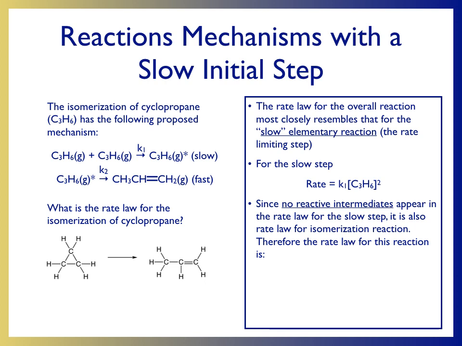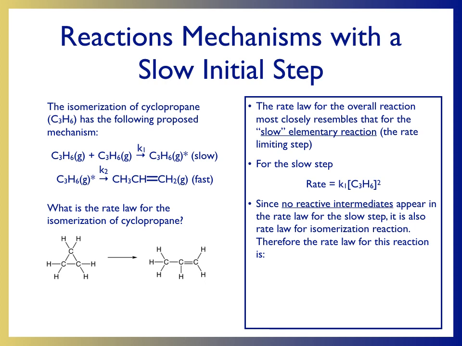If we look at this rate law, we notice that no reactive intermediates appear in the rate law, just reactants. This is good because we can actually manipulate the amounts of reactants. We don't want a rate law that has reactive intermediates in it.